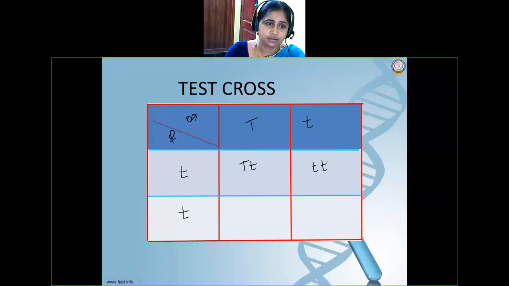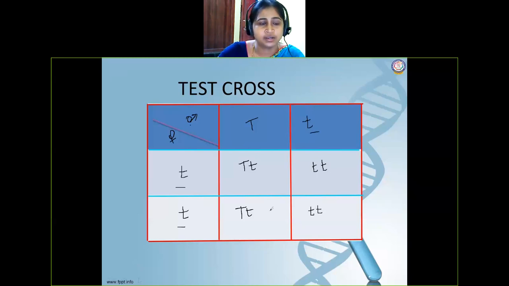Capital T, small t, small t, small t; capital T, small t, small t, small t. Check once whether the letters are right. Yes? Okay, now how much are you getting?